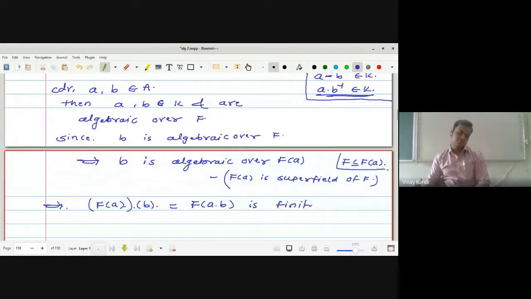Okay, F(a,b) is a finite extension of F(a). Now by the theorem, which theorem?